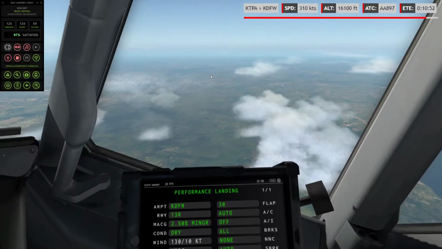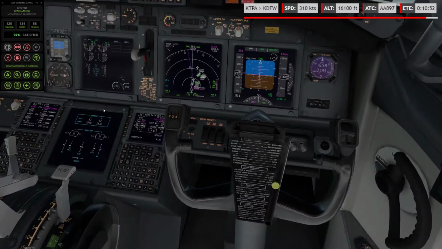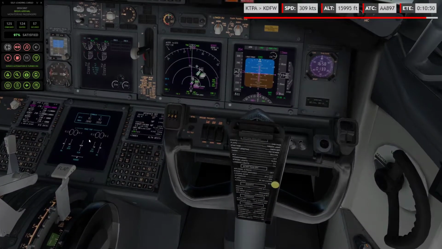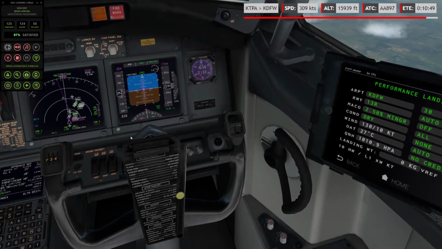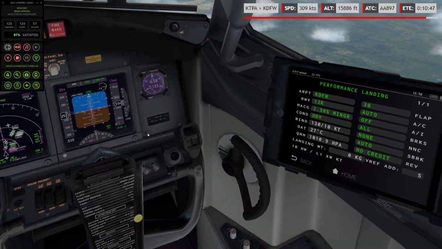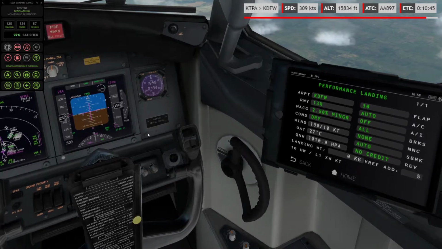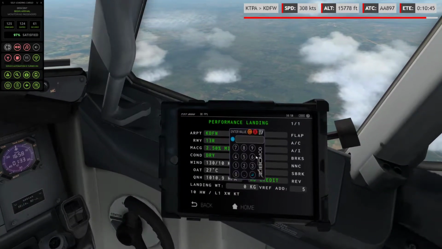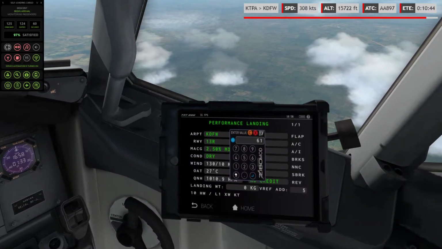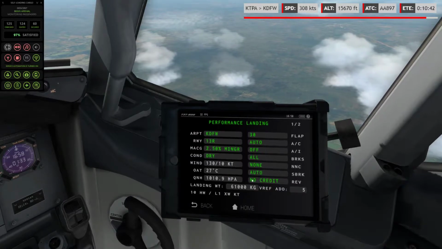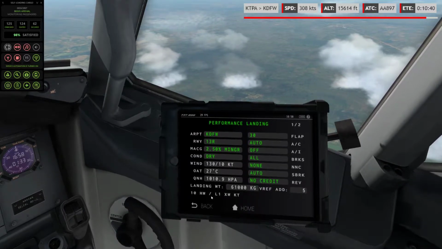Landing weight, so we are at flight level 160 right now, so I will assume it's going to be about 61.1. Could be a bit lower, but let's put 61 tons.